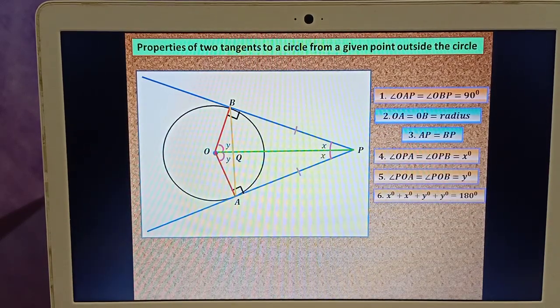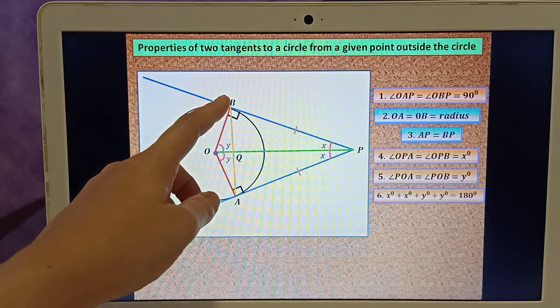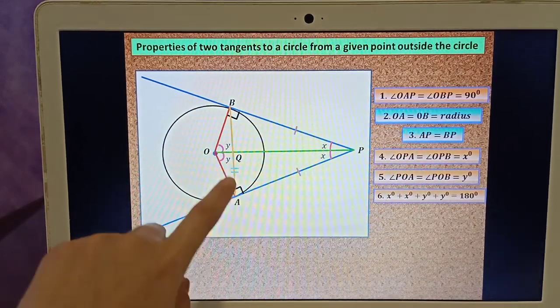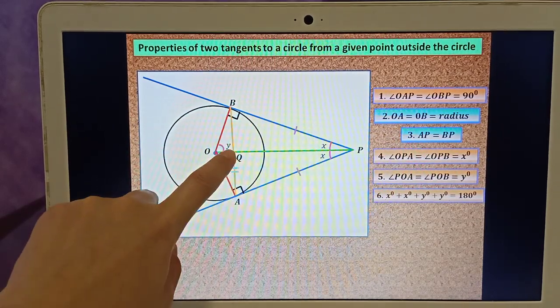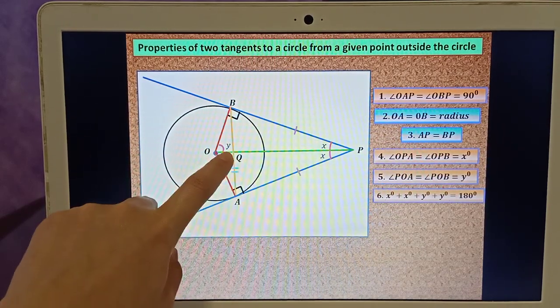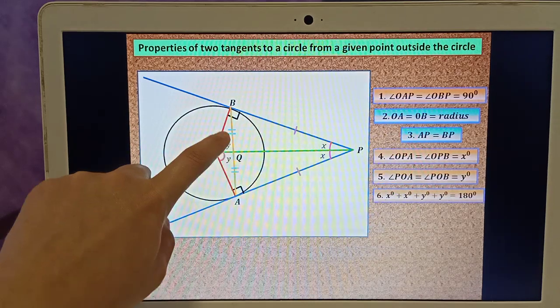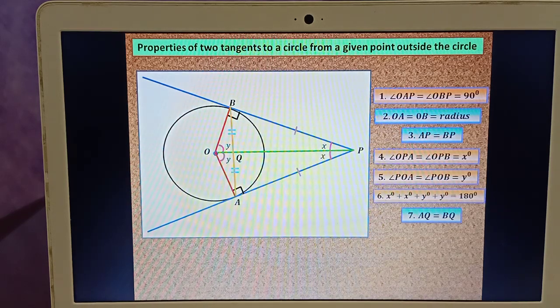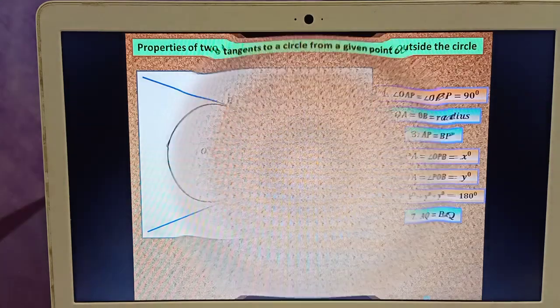If I draw a chord here, the length of line AQ will be equal to the length of line QB. So AQ is equal to BQ. That's all for these properties.